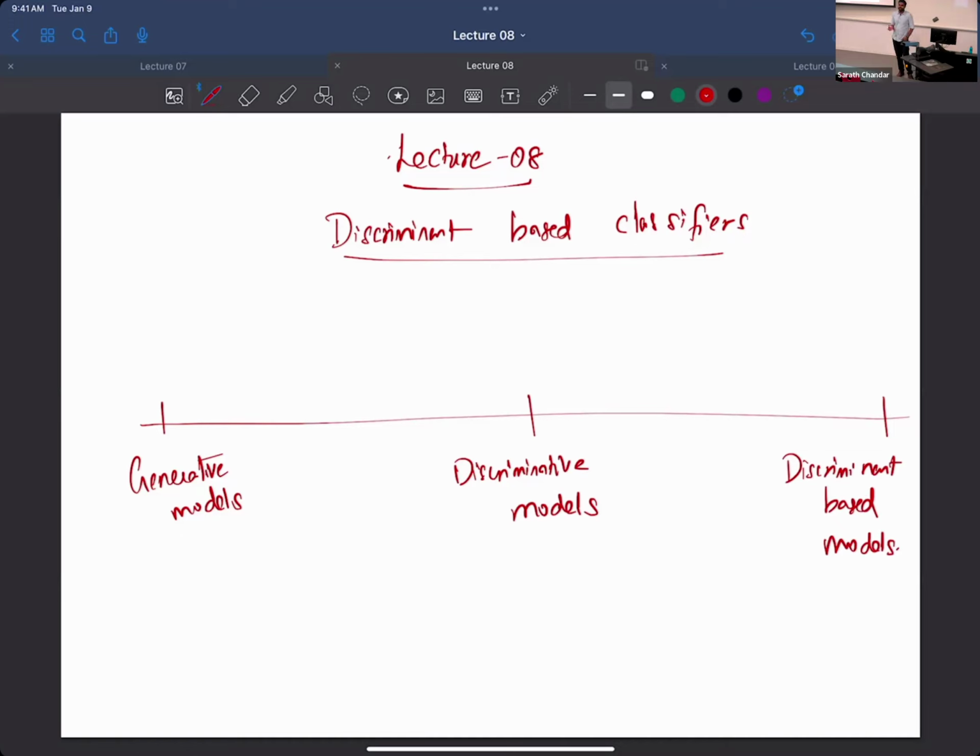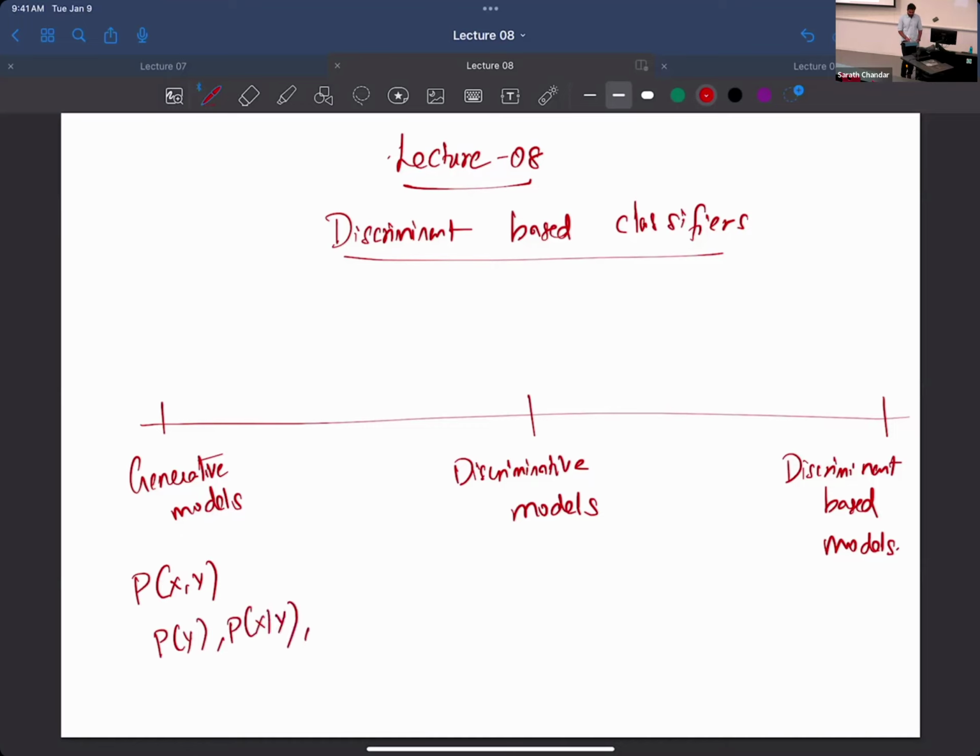So what does a generative model do? Yeah. In general, the idea here is to model P of x comma y, right? So generative models model the joint distribution P of x comma y, and the way in which we do this is we try to model P of y and P of x given y, right?